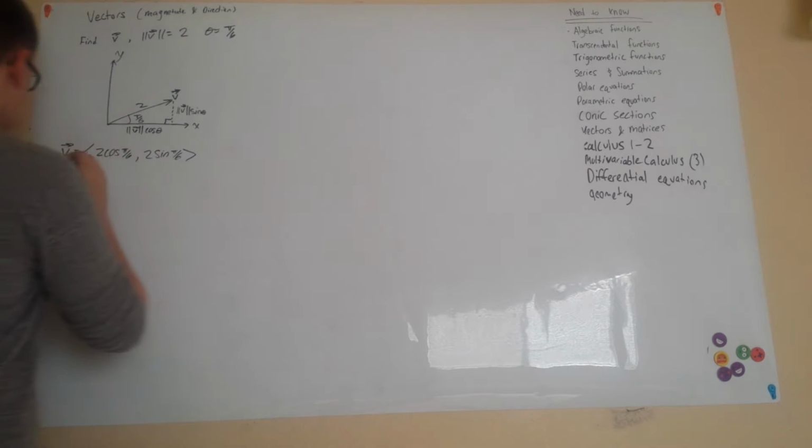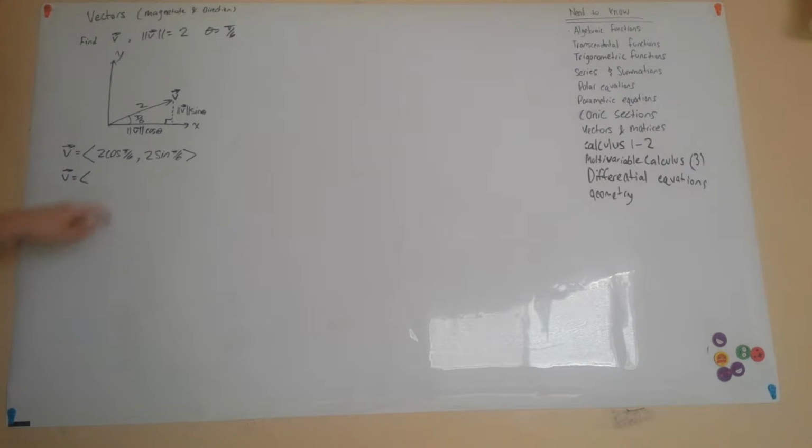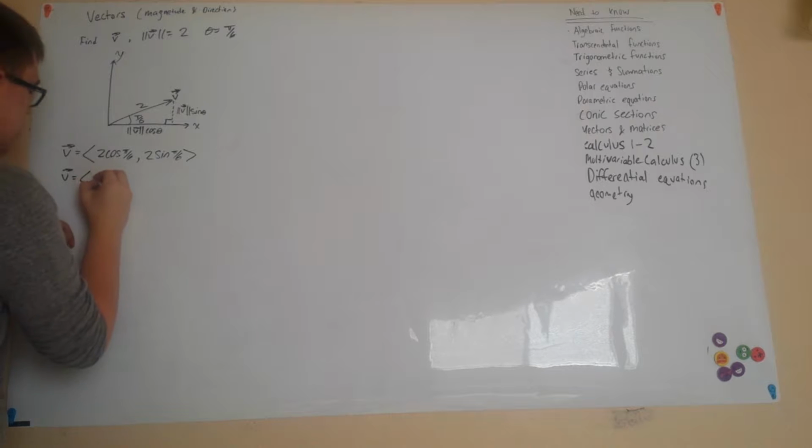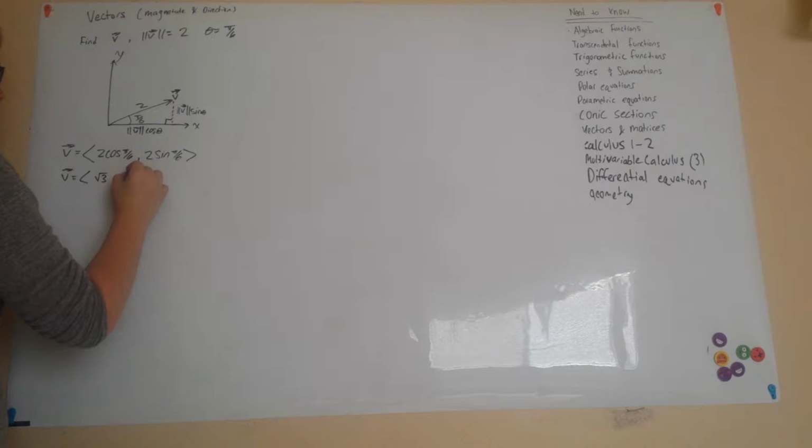So the cosine of pi over 6 is root 3 over 2, which is just root 3, because we multiply by 2, comma, the sine of pi over 6 is just 1/2, so that's just 1.